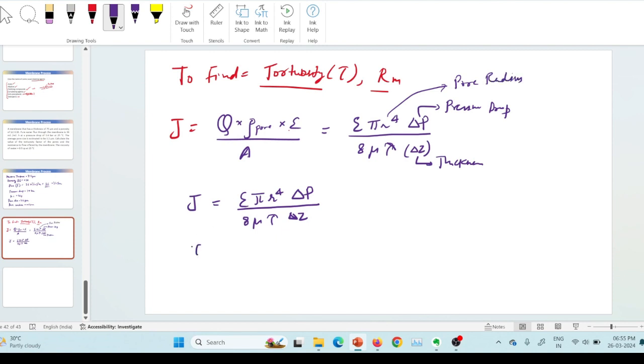So we need to calculate tau from this equation: epsilon pi r to the power 4 delta P divided by 8 mu J delta Z.